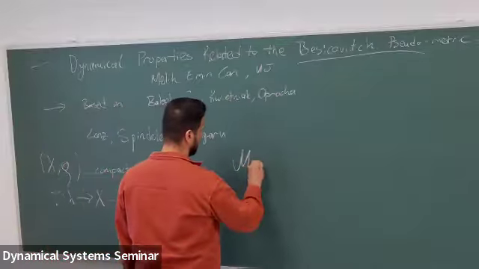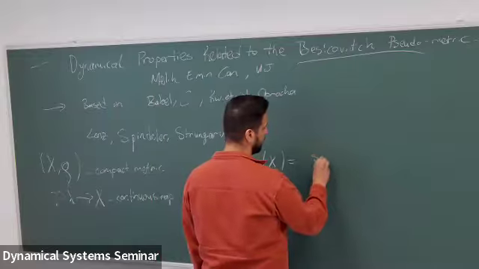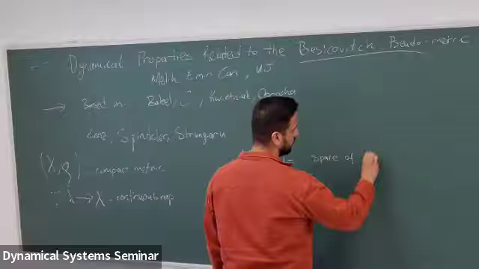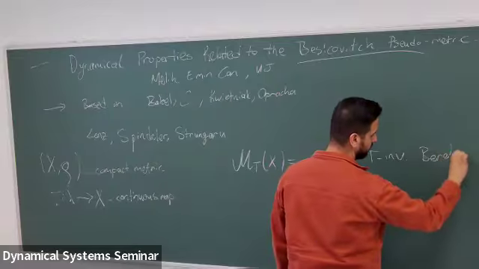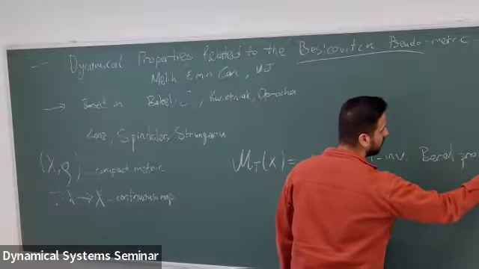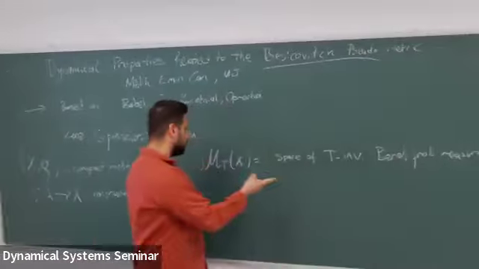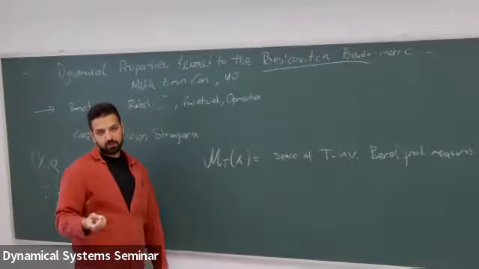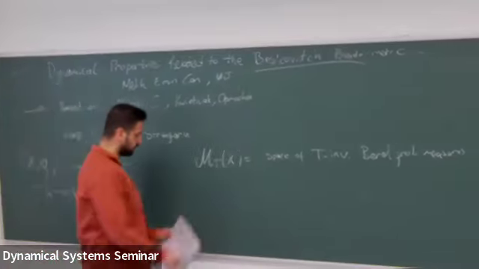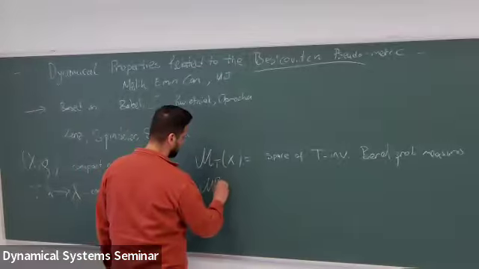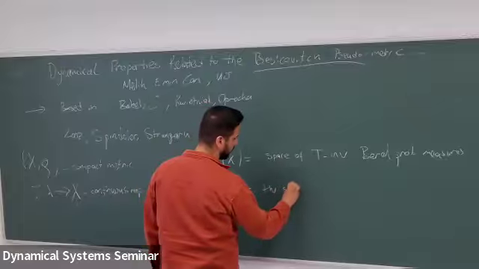M_T(X) is the space of invariant probability measures. During this talk, I will only consider probability measures on the Borel sigma algebra of X. Similarly, M_T^e(X) is the set of ergodic measures.